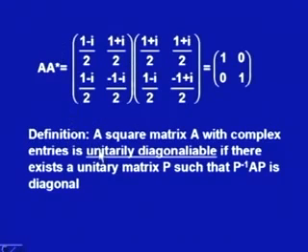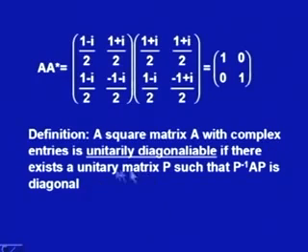Now, we define unitarily diagonalizable matrices. We say that a square matrix A with complex entries is unitarily diagonalizable if there exists a unitary matrix P such that P inverse A P is diagonal.